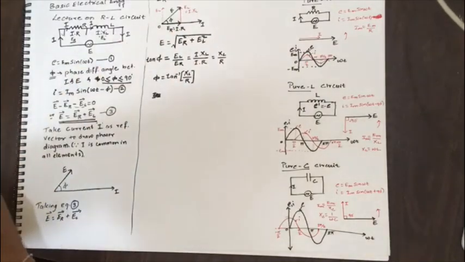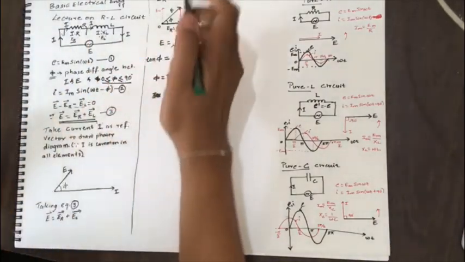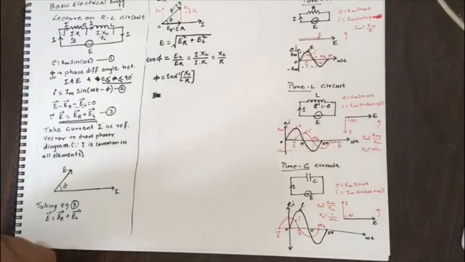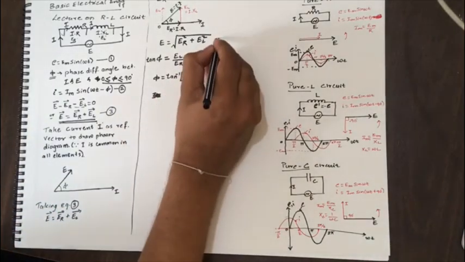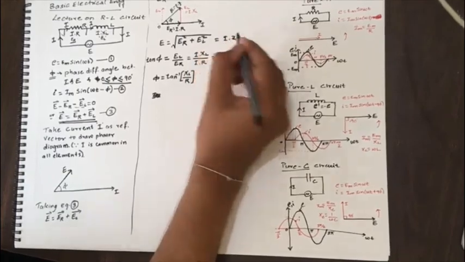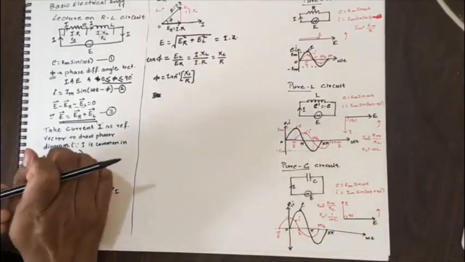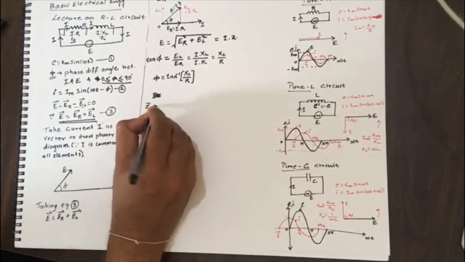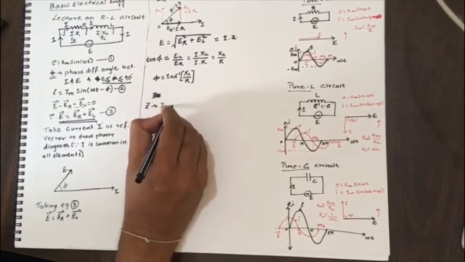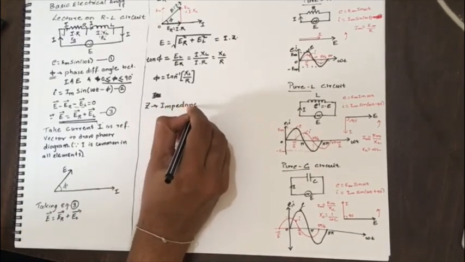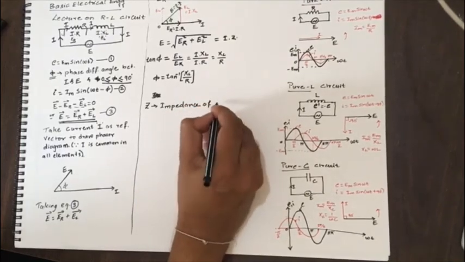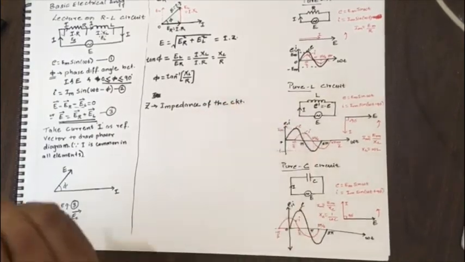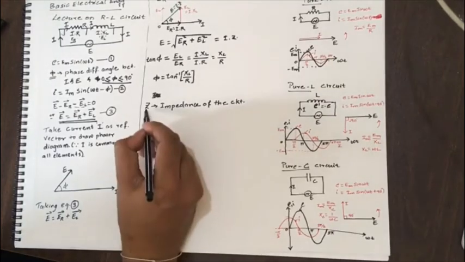Or this E, I will represent it as I into Z, where Z is the impedance of the circuit. Z is the impedance of the circuit.